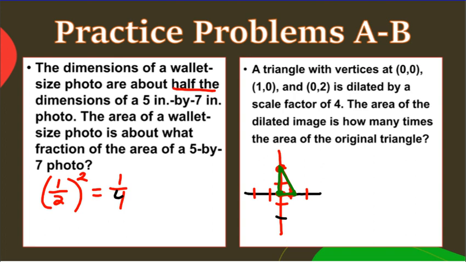So it's dilated by a scale factor of 4. If we look at the base and the height, this would be 1 times 2. So 1 times 2 divided by 2 would give us an area of 1. And each part was dilated by 4, so it increased by 4.